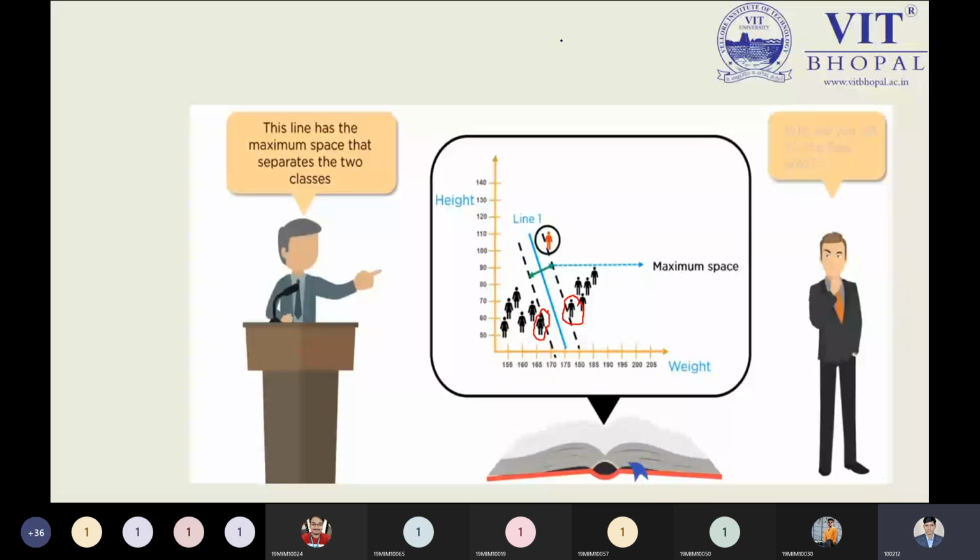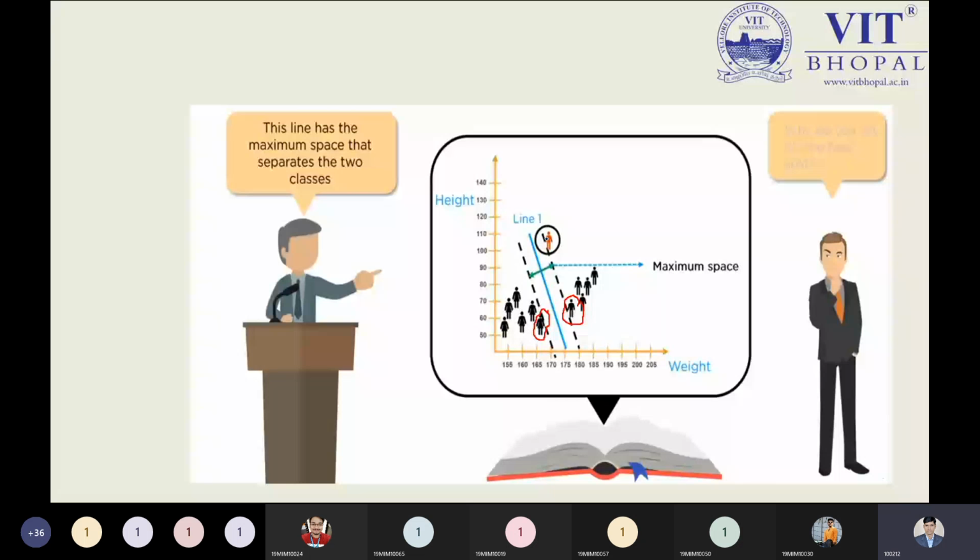After choosing line one, this line is known as a hyperplane. Why? Because I need to draw some other lines close to it, known as the dashed lines, each touching data points of the respective class. So I have circled over here the maximum space between the two separate classes.